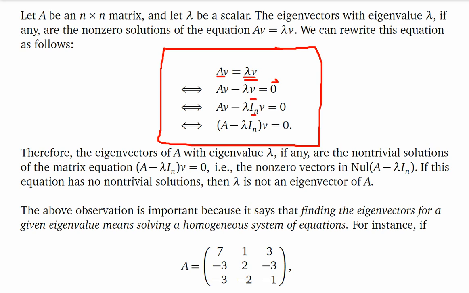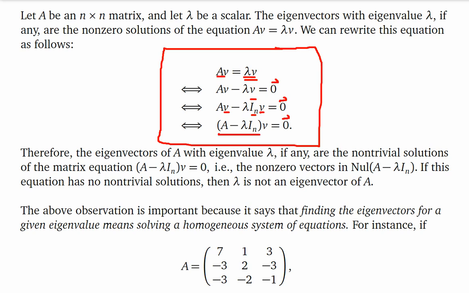Why? Well, we need to factor. We're going to try to factor out a vector V. And again, this is the vector 0. It's not the value 0. So then we factor this out. And why is that? Well, because now we're looking for a null space. Right, so we have a set of homogeneous equations, right?